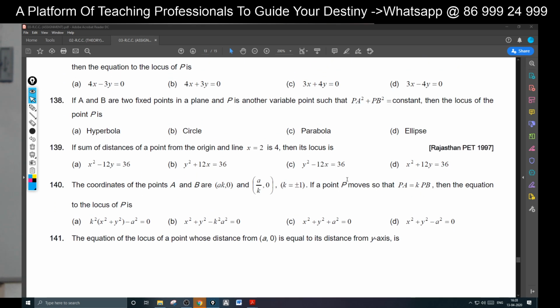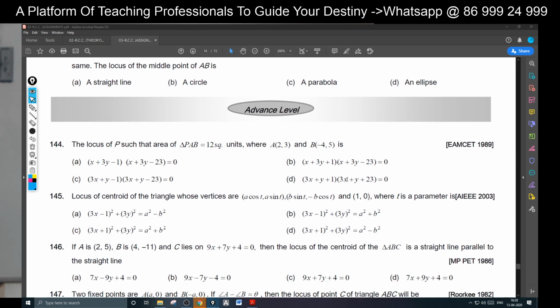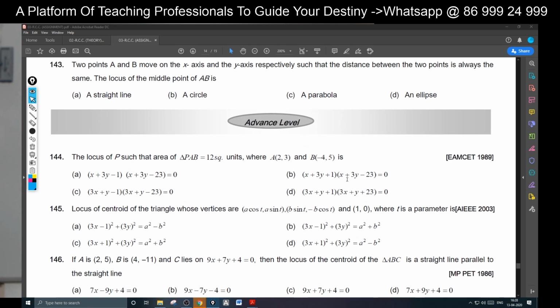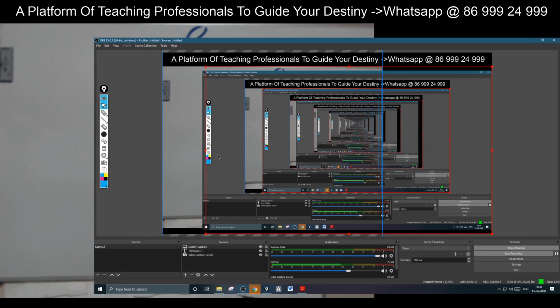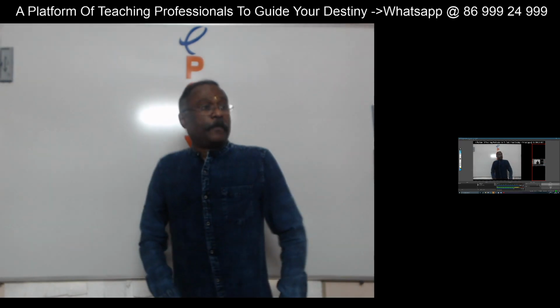So we'll be working out these problems in the next session, and after that we will finish the change of axis. I hope today's locus class is comfortable to you.